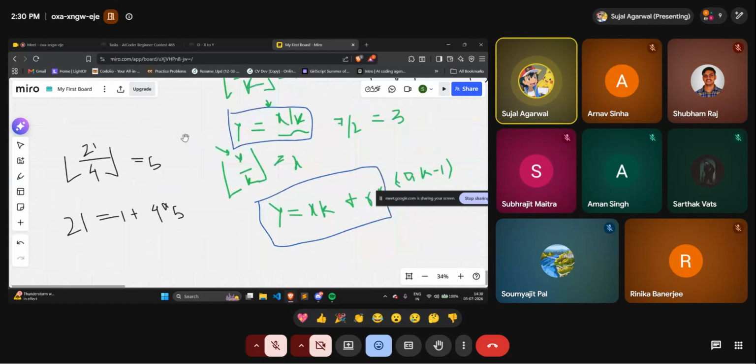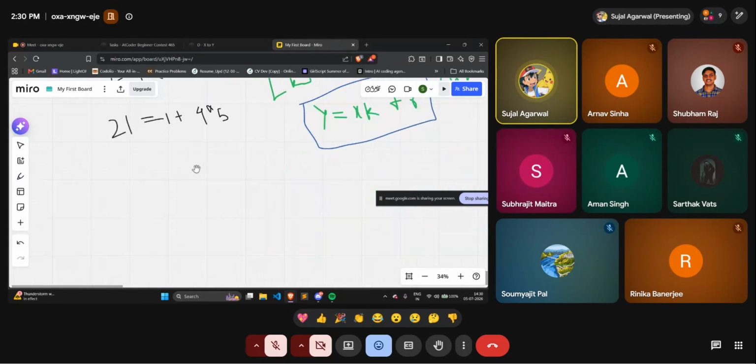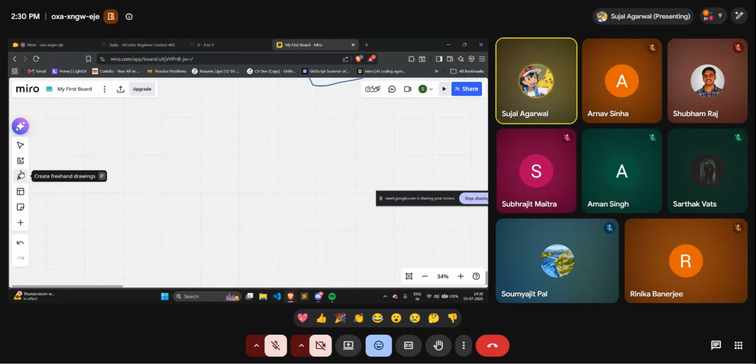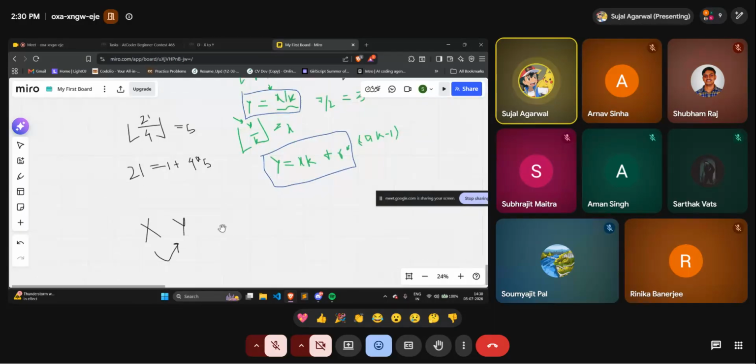Now let me discuss what we were asked in the problem clearly. We were given two integers in the problem, x and y. We need to convert x to y somehow. We can perform these operations during the conversion, right?